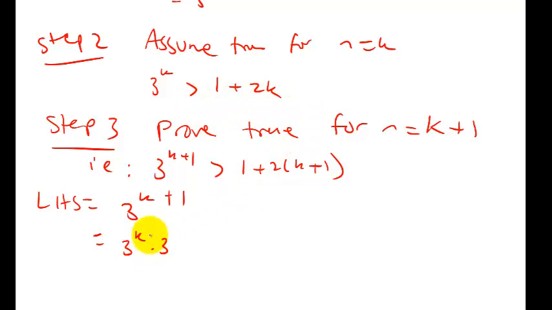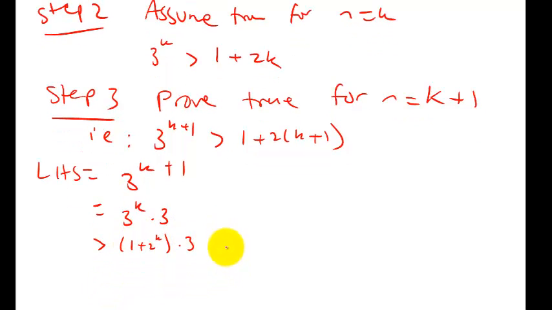So then that is greater than, doesn't equal to anymore, is greater than 1 plus 2k times 3. That, however, is equal to 2k. You should have realized that. All right, 1 plus 2k times 3 is equal to 3 plus 6k. That was equal to 1 plus 2k plus 2.